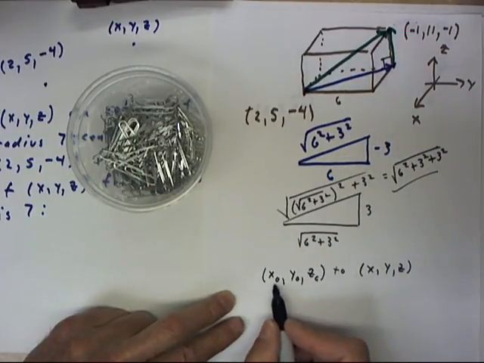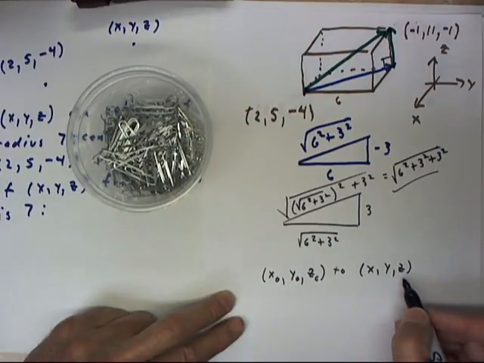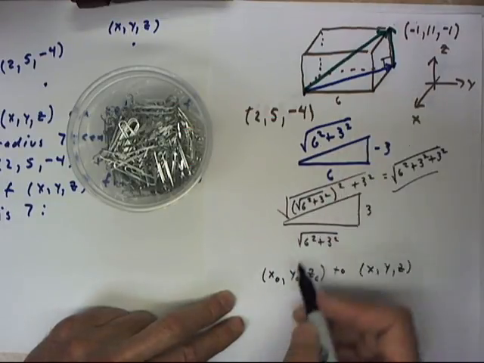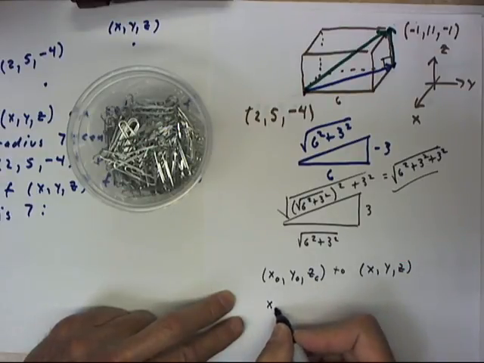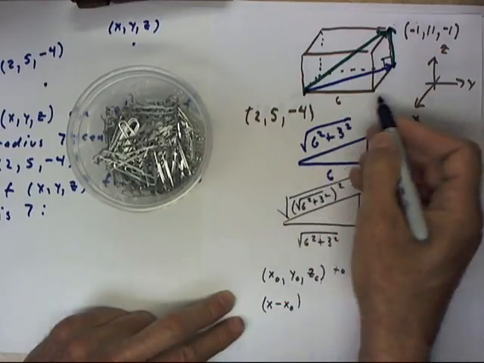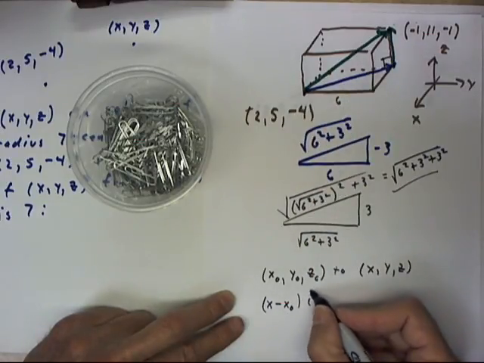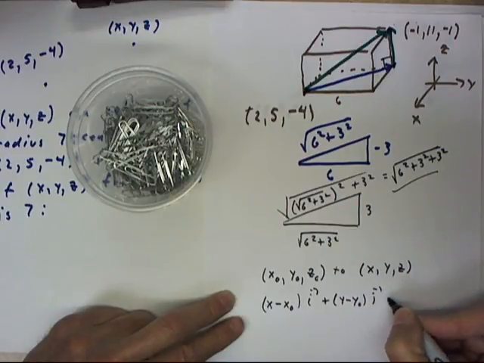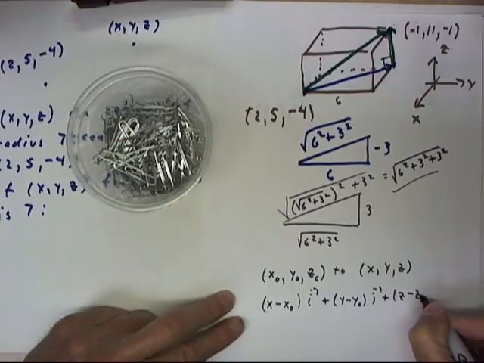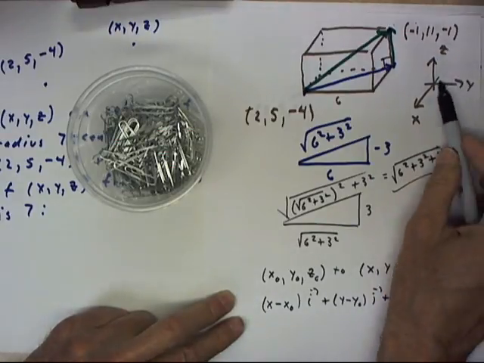So if we have a vector that goes from this point to this point, then the sides of this rectangle are going to be x minus x naught, and our vector from here to here will be x minus x naught i plus y minus y naught j plus z minus z naught k, where k is a unit vector in the z direction.